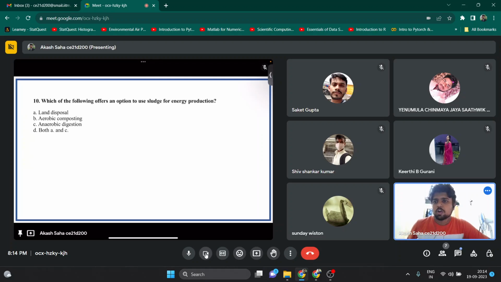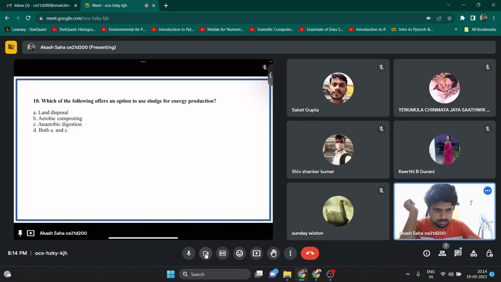Next question. Which of the following offers an option to use sludge for energy production? Land disposal, aerobic composting, anaerobic digestion, both A and C. So for energy production, which of the following cases can be taken? We generate energy in terms of which gas, can you tell me?